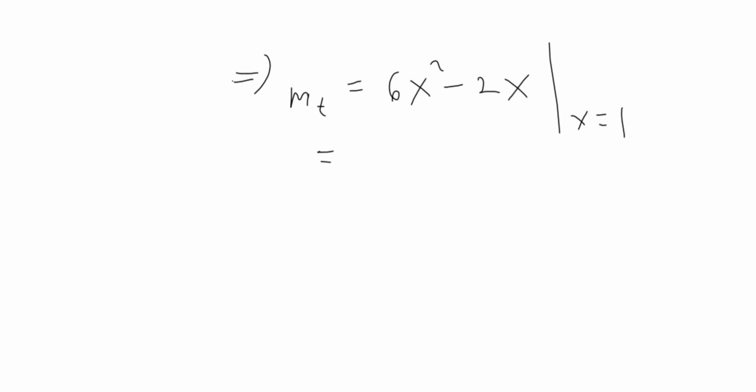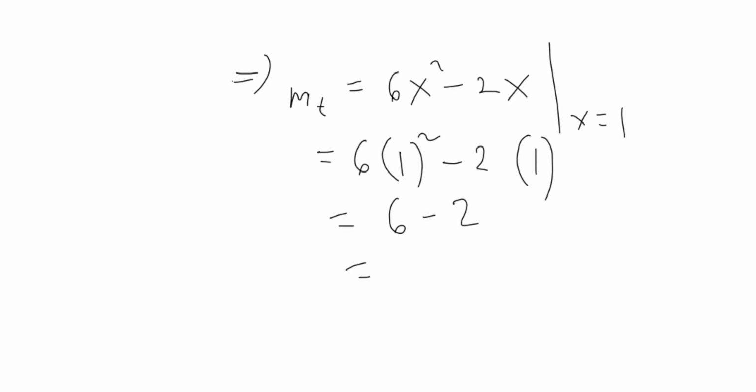We put 1 in the place of x. We get 1 squared there, and then minus 2, replacing the x with a 1. So now we got 6 multiplied by 1, which is 6, minus 2 times 1. So that's basically 6 minus 2, which we know is 4. So this is basically our mt. This is the gradient of the tangent line that we are looking for.